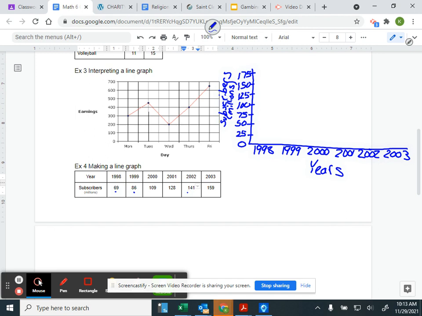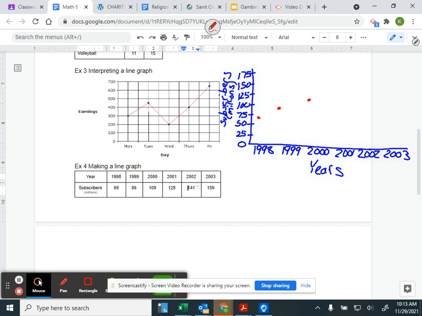So now we need to plot our points. So we have, in 1998, we were at 69. So that's going to be about there. 1999 is 86. That's going to be between 75 and 100. 2000 would be 109.